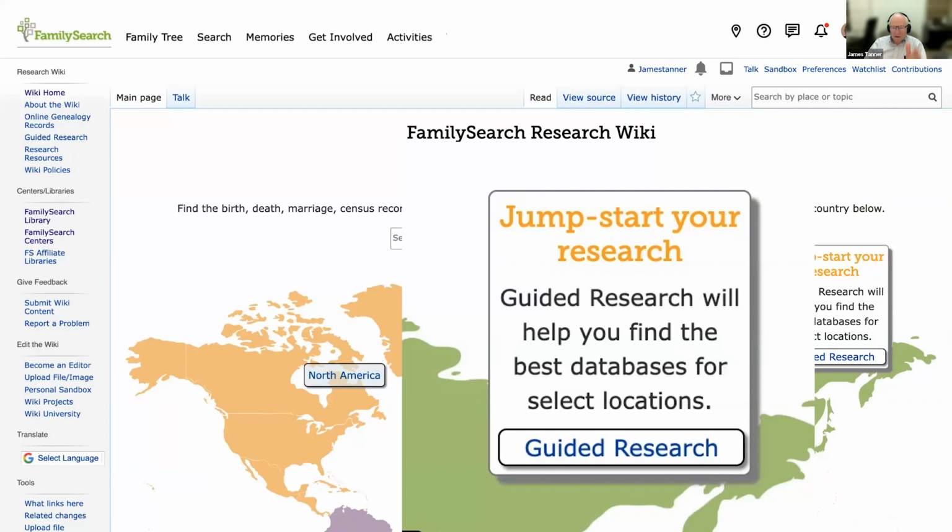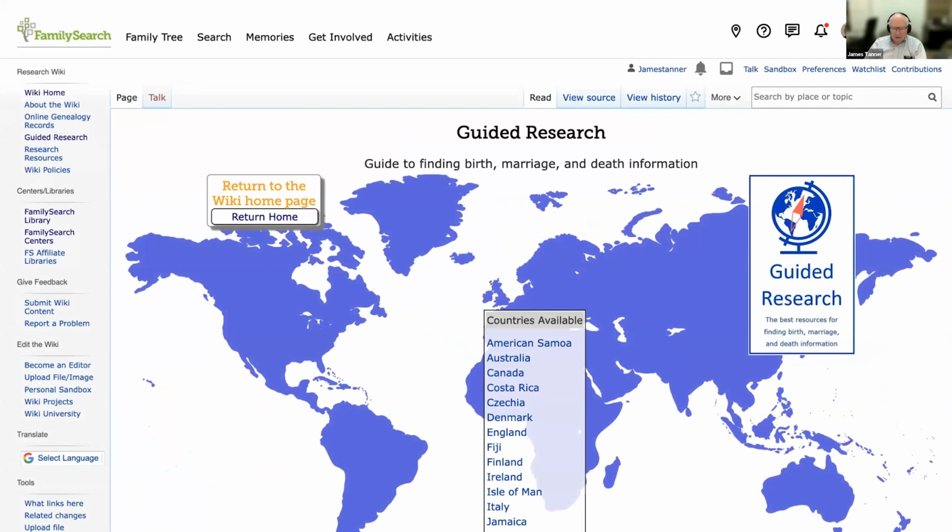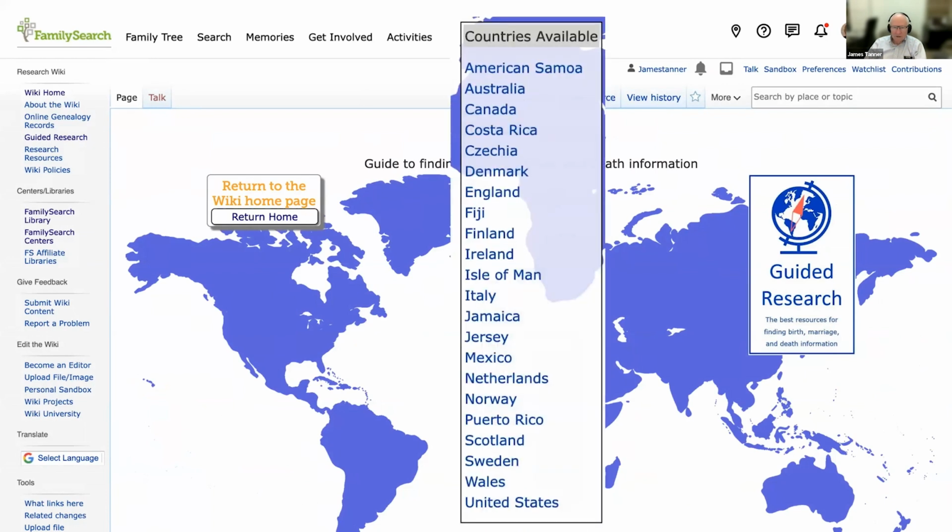These take you step by step and ask you questions. There's a list on the Research Wiki of the countries that are available presently. So if you're doing research in any of these countries, you will find a specific page which gives you a link to guided research.